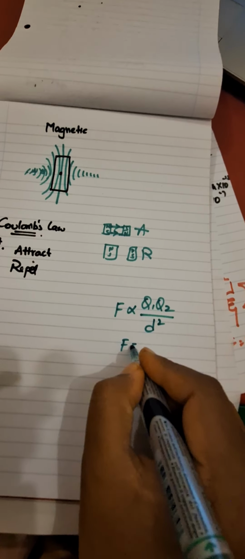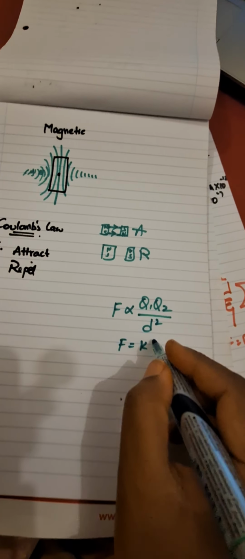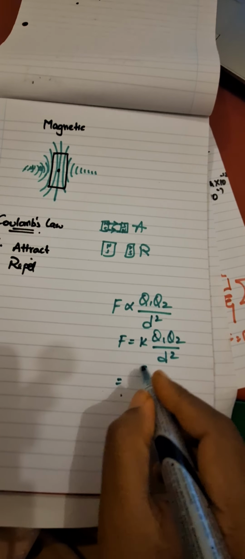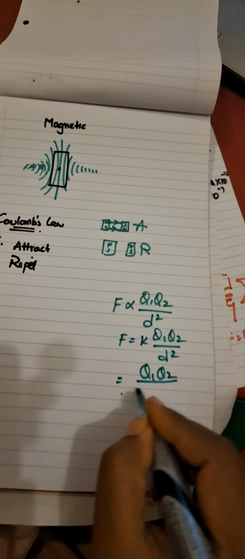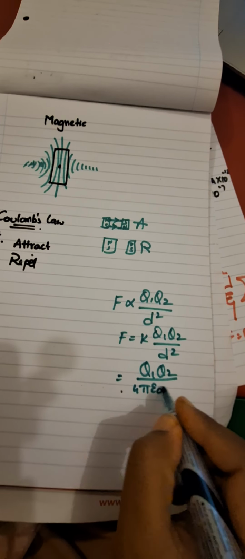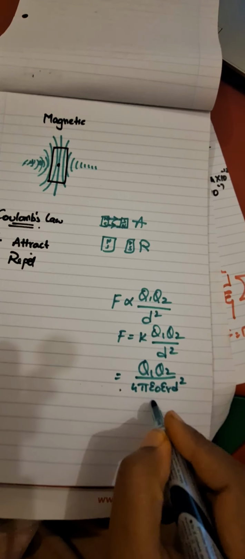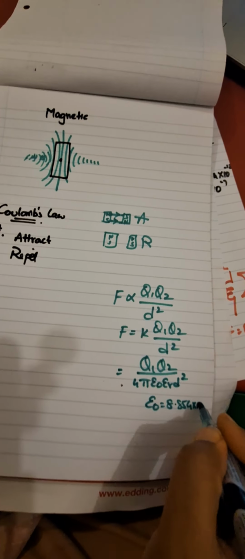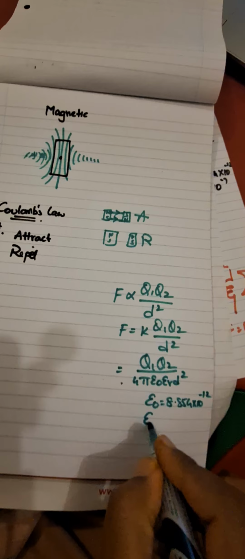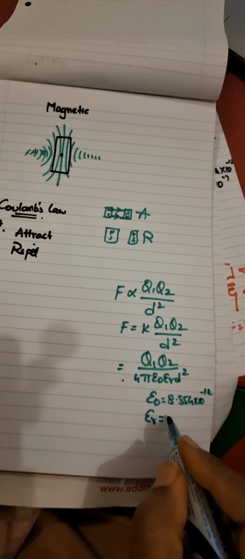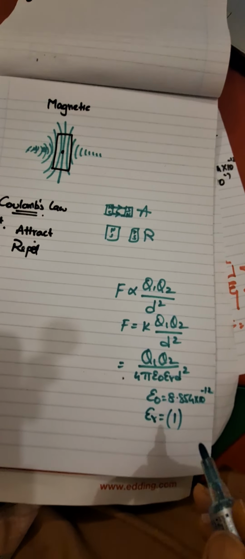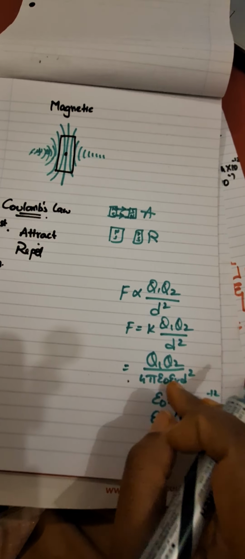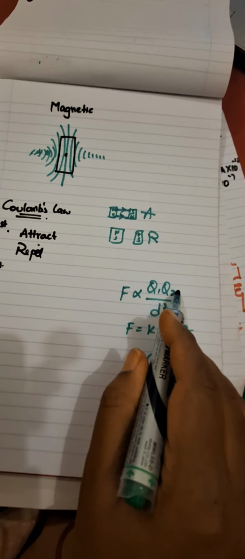So finally we said F equals K Q1 Q2 by d square, where K is 1 by 4 pi epsilon naught epsilon r. Epsilon naught is equal to 8.854 into 10 power minus 12. Epsilon r, if it is given, they will give the value; if not, it can be considered as unity, right? So this is the force we were talking about in electricity, between charges.